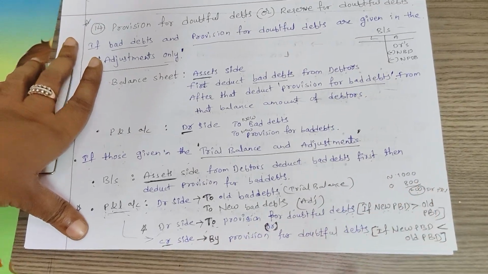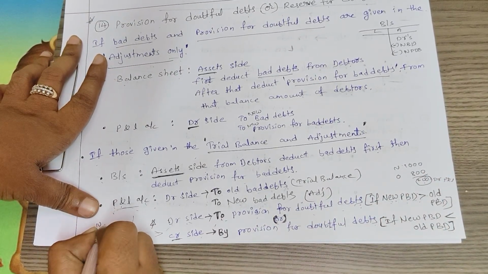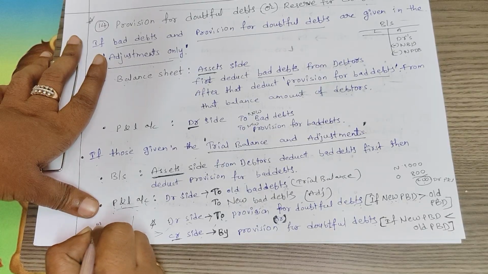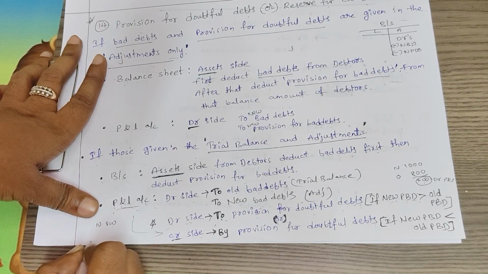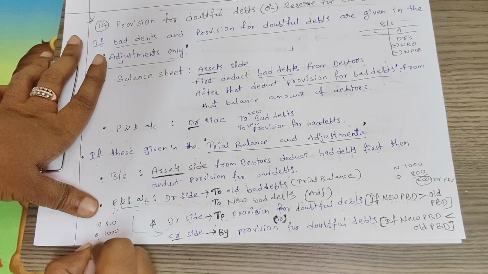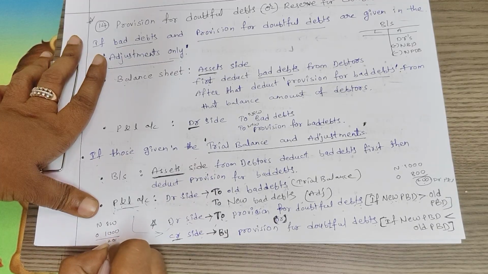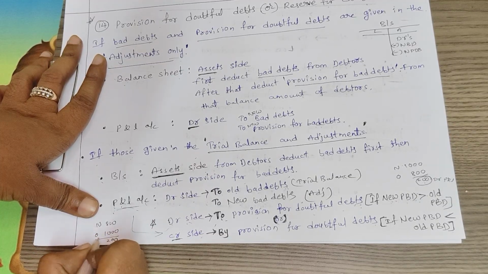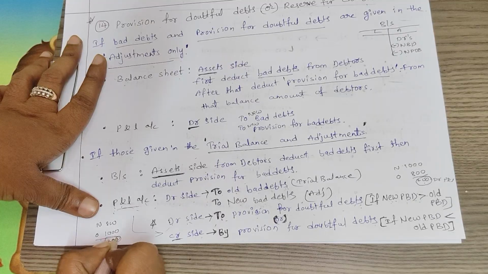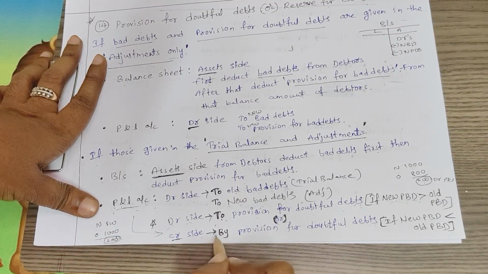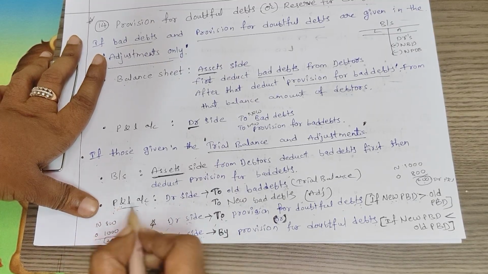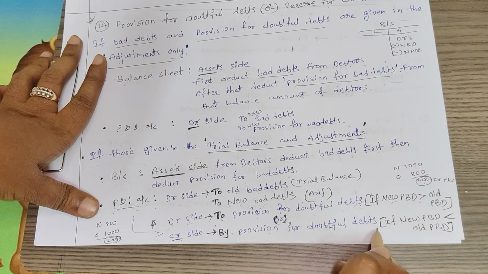Or else sometimes new is less than old, that means new is 800 and old is 1000. The difference is 200, but new is less than old. So where should we write this 200? On the credit side of the profit and loss account, by provision for doubtful debts.